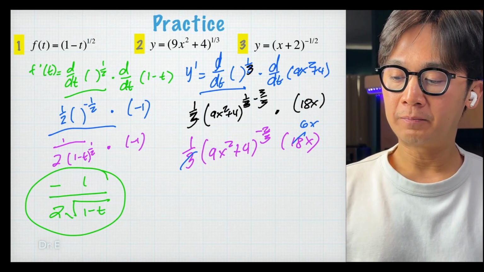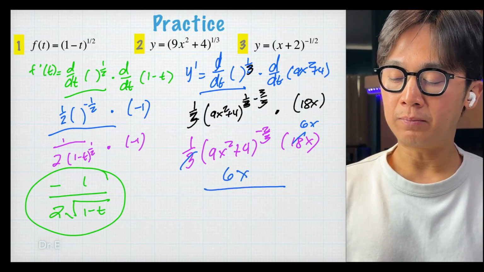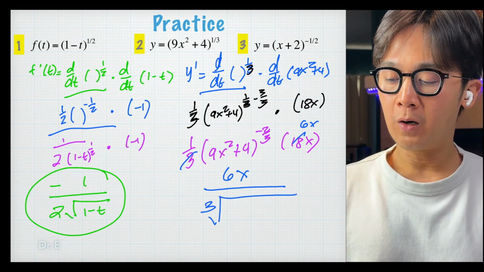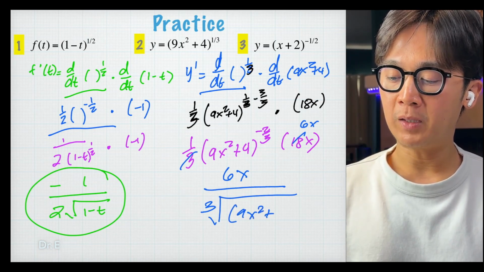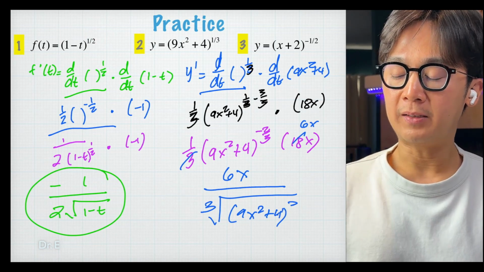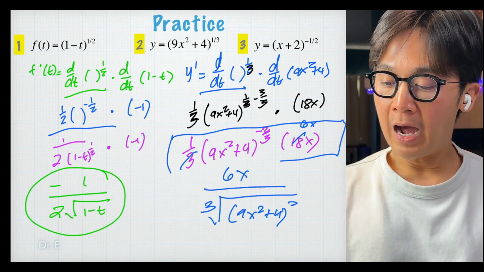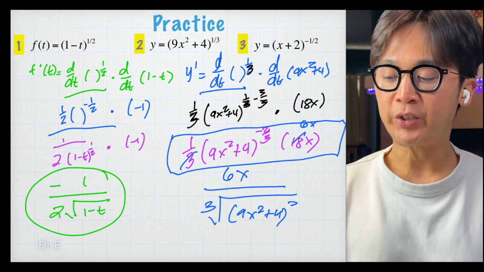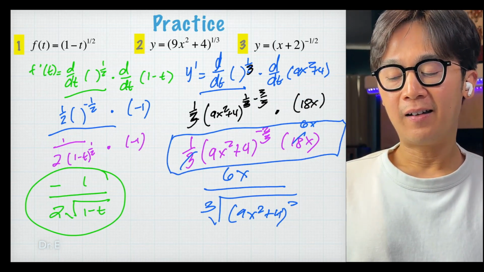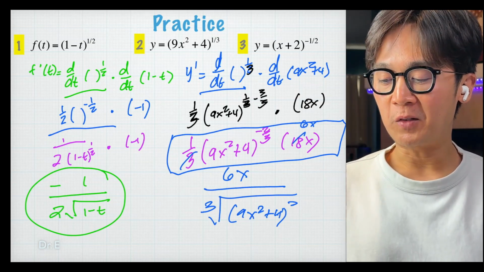So we'll have 6x on top, and the third root of the quantity 9x squared plus 4 raised to the second power at the bottom. This is how we simplify our derivative into a prettier function.